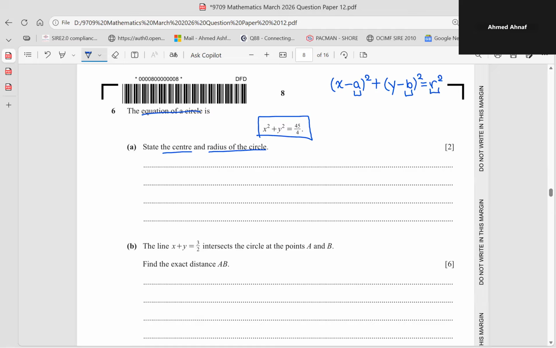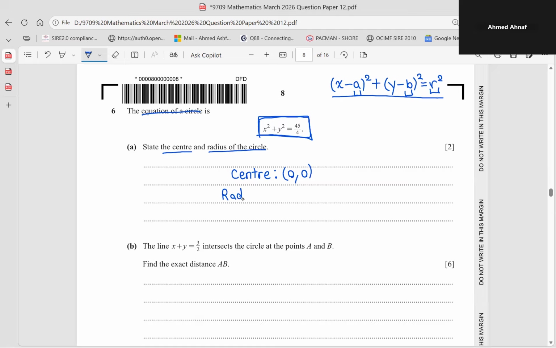So we can see that our equation here follows this exact template, except that there's no a inside the x, and no b next to the y. It's just x squared plus y squared. So that means that both a and b are equal to 0. We can therefore say that the center is (0, 0).